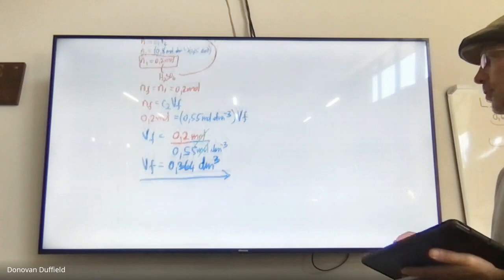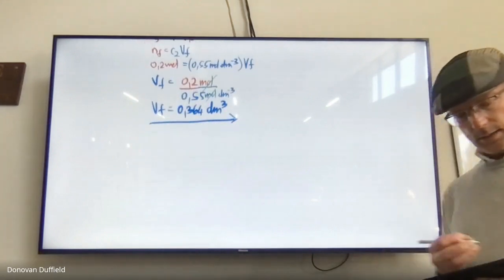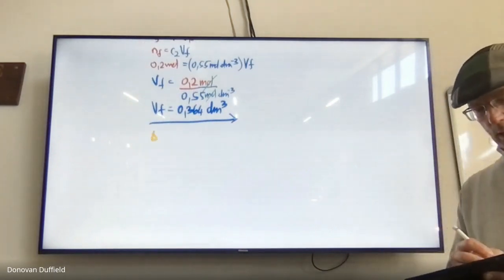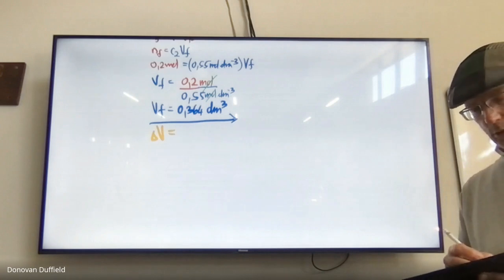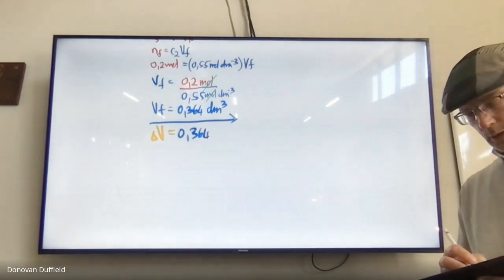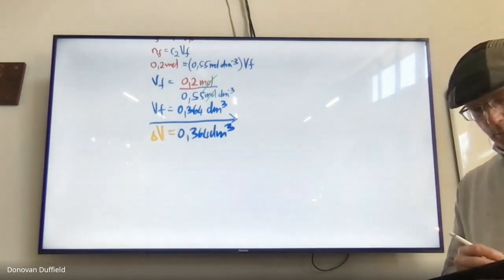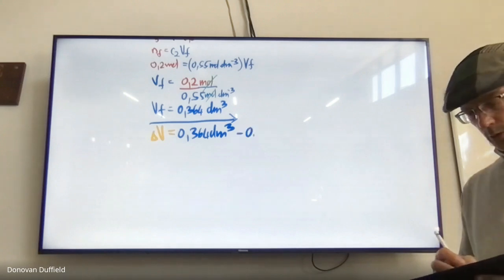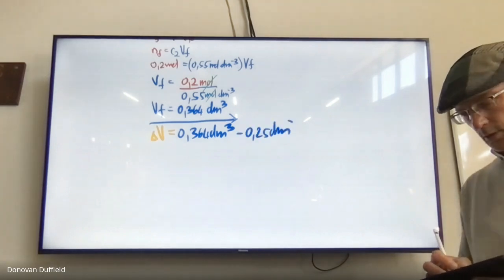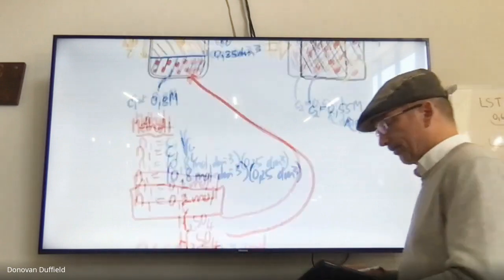Okay, so we're not finished because the volume added is V final, which is 0.364 cubic decimeters, minus 0.25 cubic decimeters, which was the original volume.